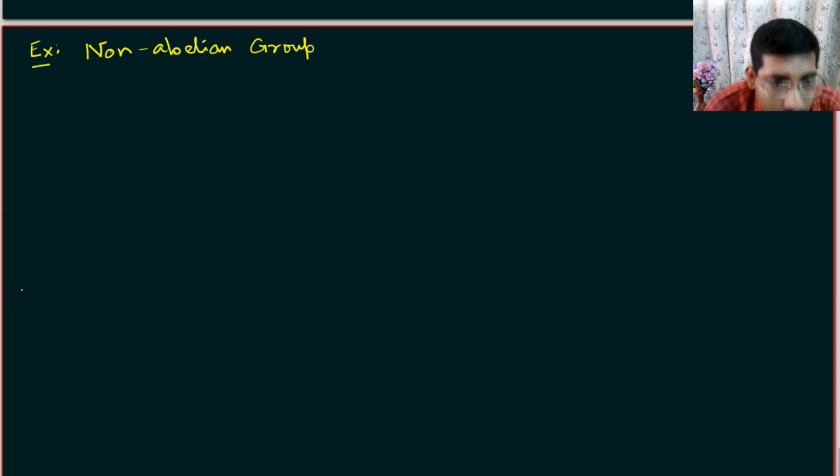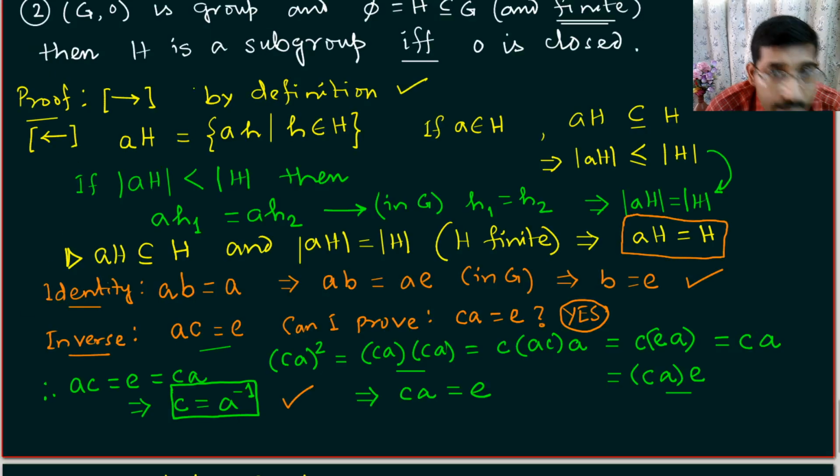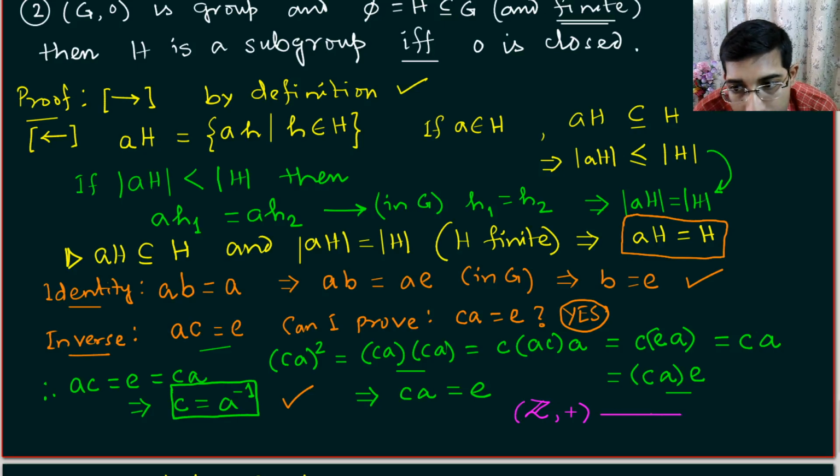By the way, just one thing to complete this discussion that I forgot to mention: if you eliminate the finiteness, you will end up with problems. Let us see one example. The set Z with respect to plus forms a group, and these are subgroups of it.